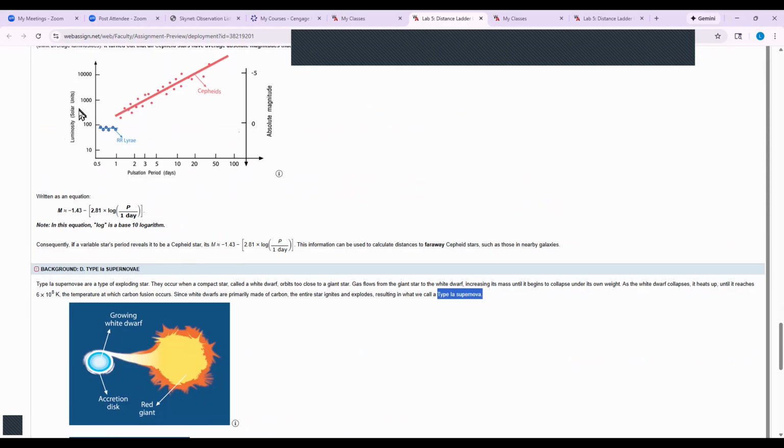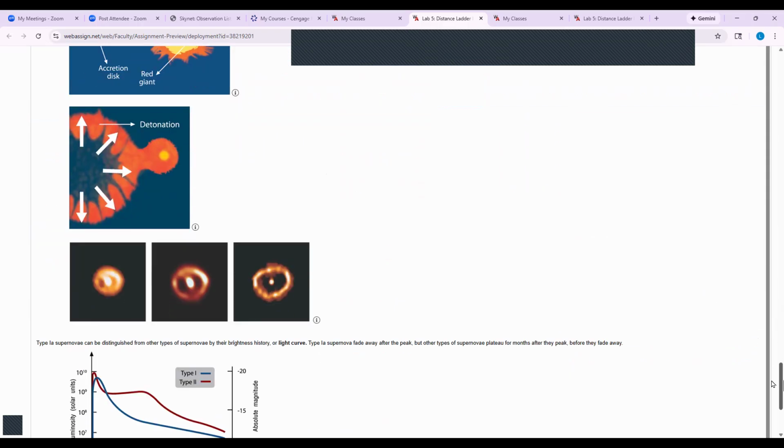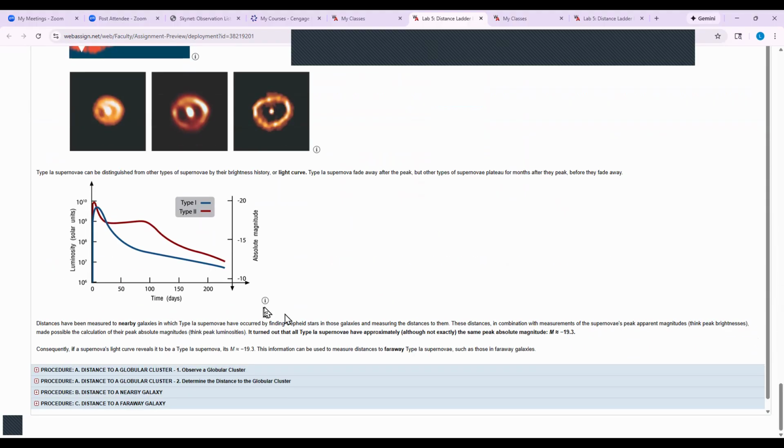But here, we're calculating the luminosity to better understand the physics of the system. The difference between type 1 and 2 is that type 1 gradually reaches a peak in a very short amount of time, and then the peak slowly decreases.